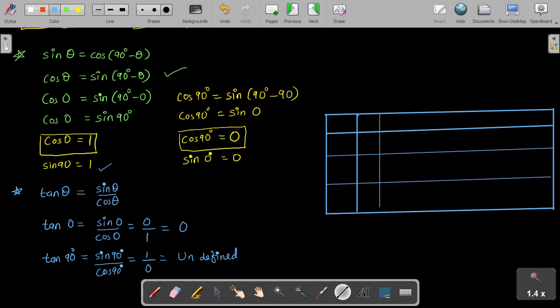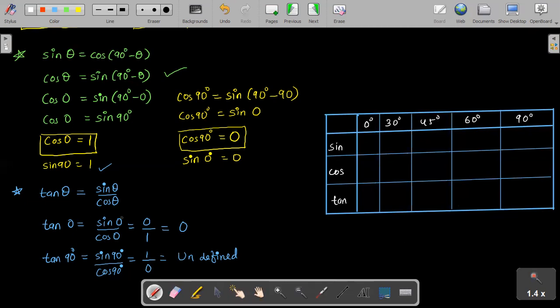This is for 0 degree, 30 degree, 45 degree, 60 degree, and 90 degree. So let me write those values.